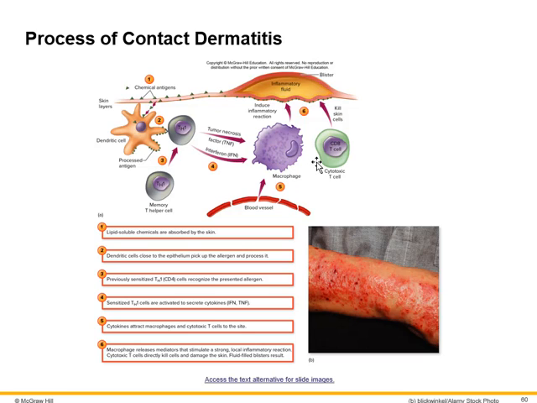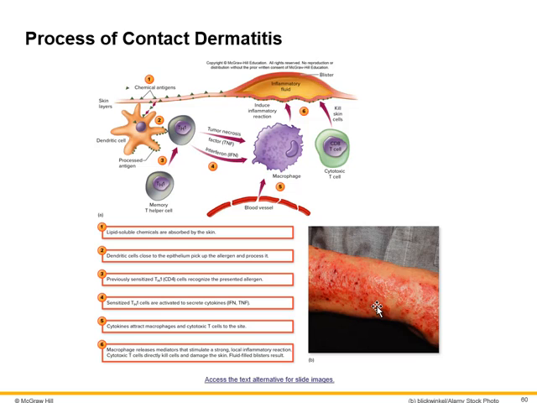The T helper will also recruit T cytotoxic cells, and the T cytotoxic cells will kill the skin cells, and the macrophages will induce this inflammatory response. So you get these blisters, and this is what we call an induration, which is produced when you have this type 4 delayed hypersensitivity reaction.